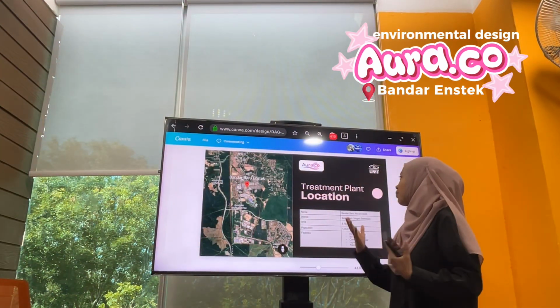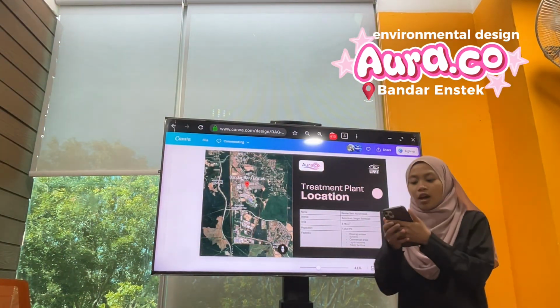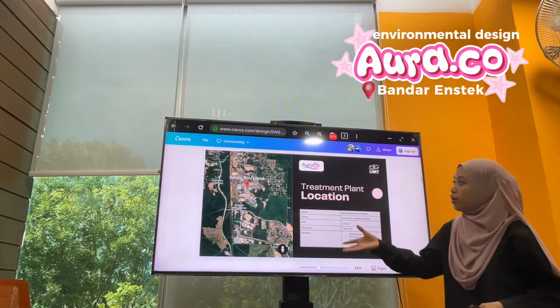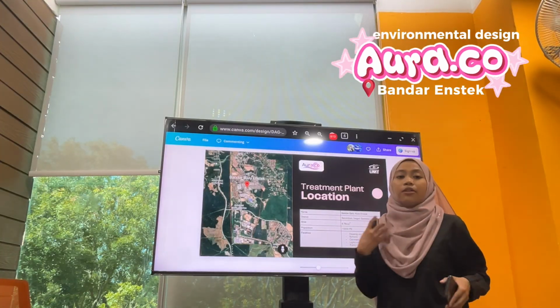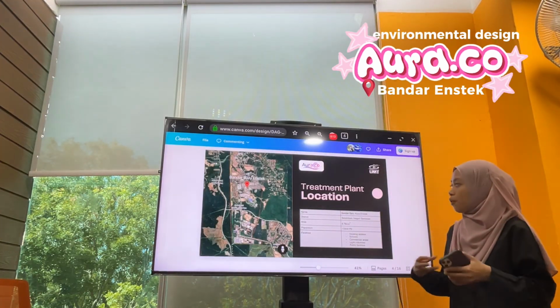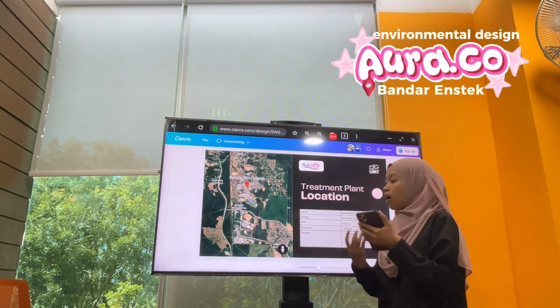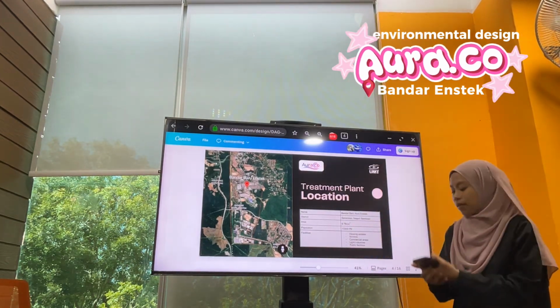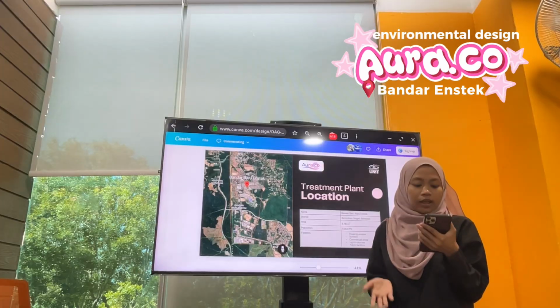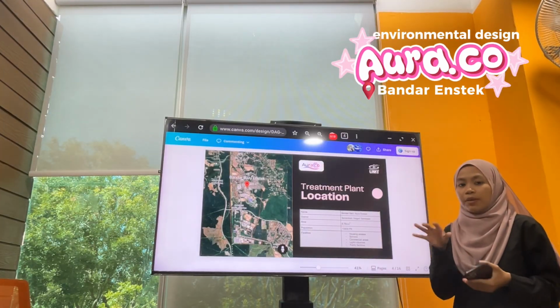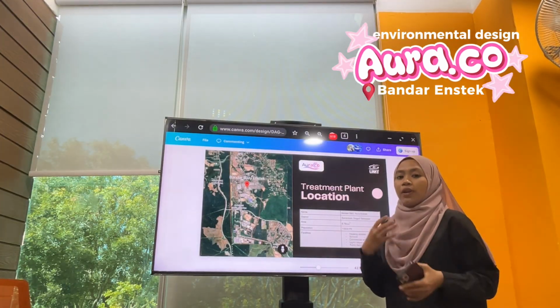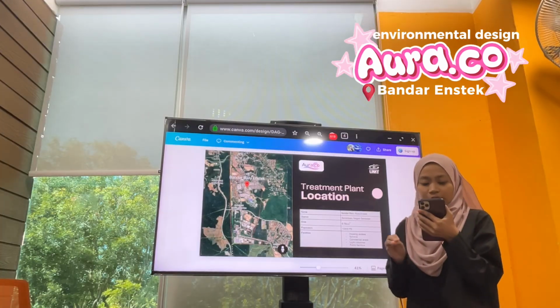Next is treatment plant locations. Our group chose Bandar Baru and Stacks as the inspiration for our group project, which we named Bandar Aura Estates. So we modified the original plan and added some input to make it fit for our project needs.